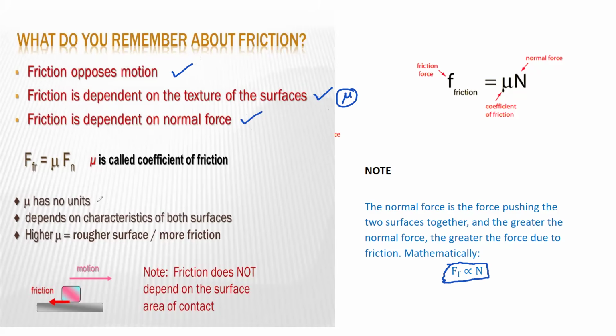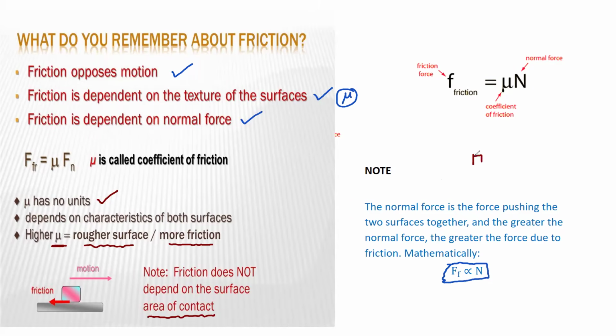And so the mu has no units. I'm just summarizing. And the higher the mu, the rougher the surface, the more the friction. I also need you to remember that friction does not depend on the area of contact.